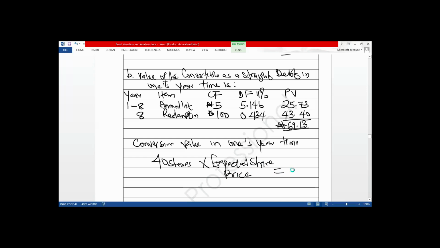This must give me a value equal to at least 69 naira 13 kobo. For me to be motivated to convert the debt to equity, the expected share price multiplied by the number of shares must give me a value that is equal to 69 naira 13 kobo.